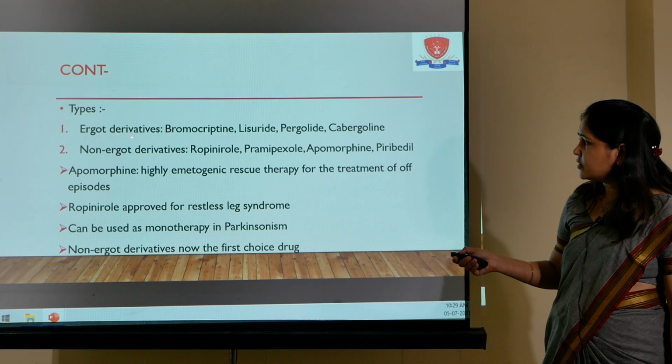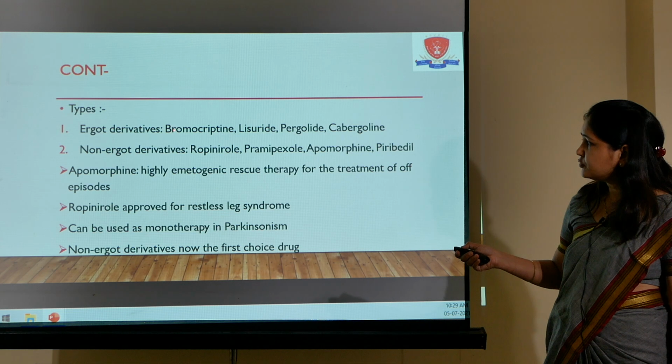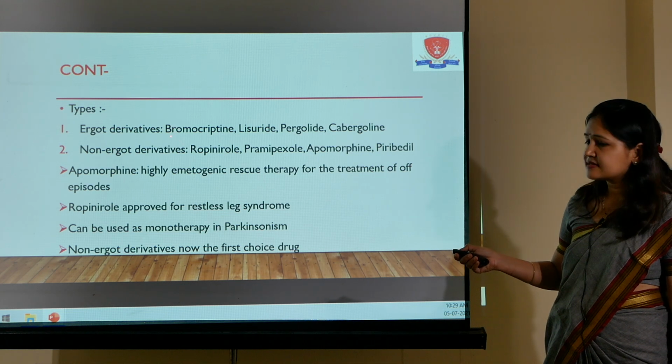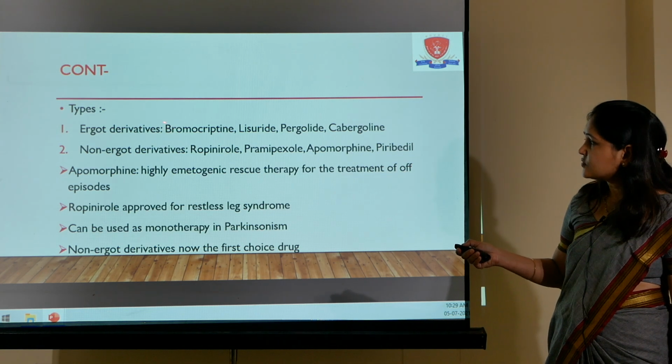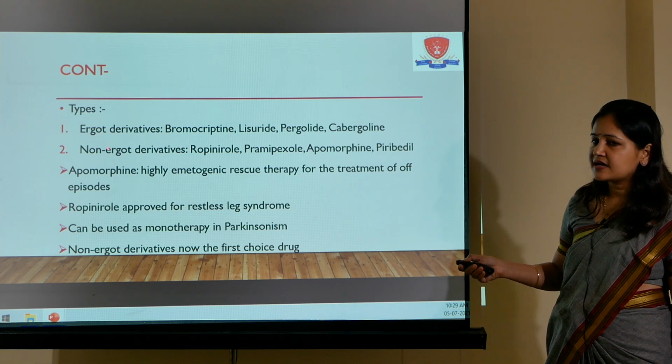Now compared to ergot derivatives, the non-ergot derivatives are mainly preferred, because with ergot derivatives there is a tendency for more vasospasm, gangrene, erythromelalgia and fibrosis, cardiac and peritoneal. So all these fibroses will be more with ergot derivatives. So nowadays non-ergot derivatives are used.